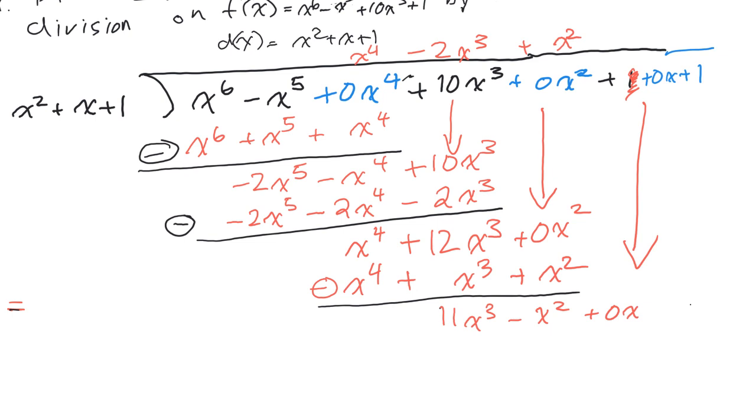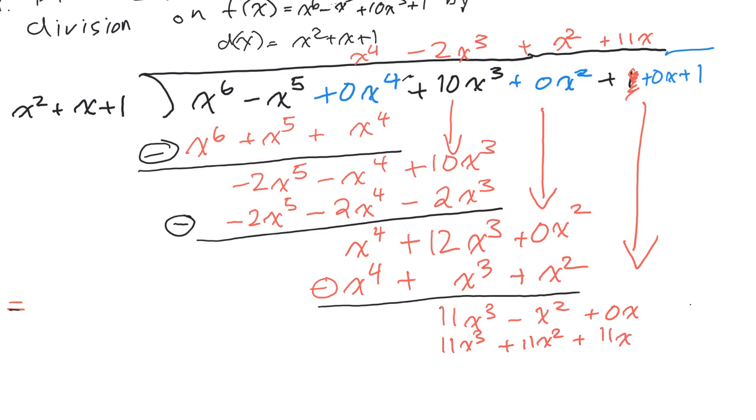So we're going to have to kill this off by using an 11x. So now we're left with 11x cubed plus 11x squared plus 11x.